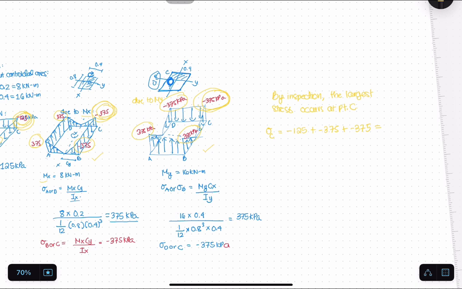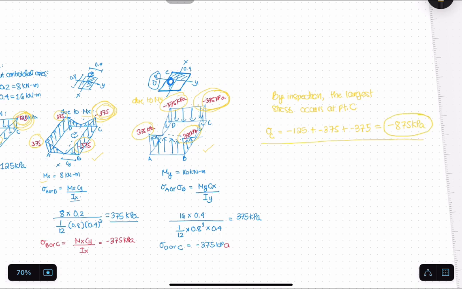And the value of this, i-add lang natin, 125 plus 375 times 2, you have 875. So, negative nga lang siya. So, negative 875 kilopascal. So, the nature is compression.